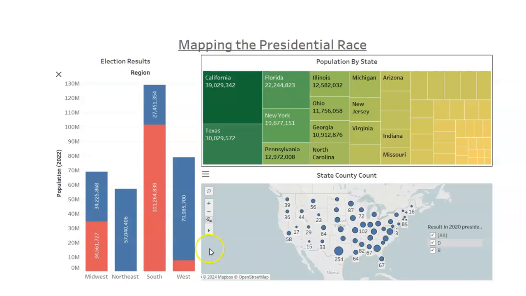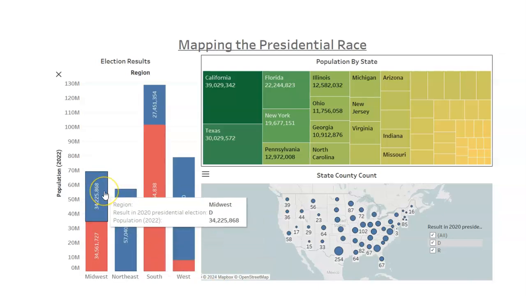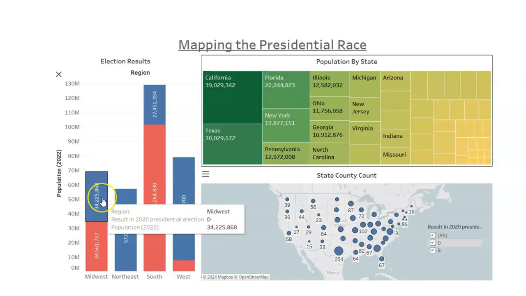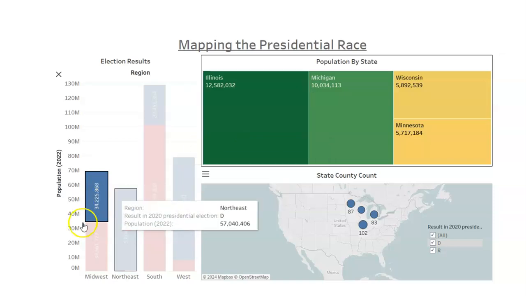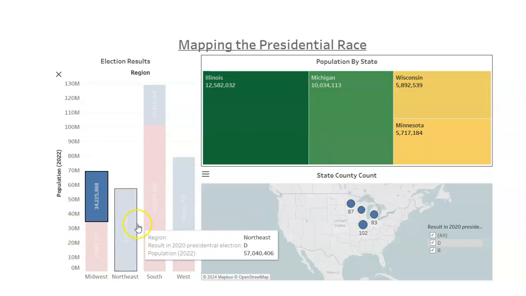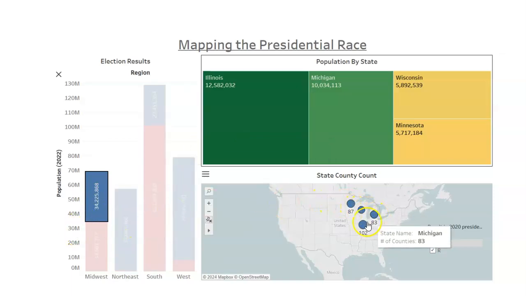Now we'll talk about some of our filters that we have. If we take a look at our first bar chart, if we were to click on the Midwest, we'll click on Midwest for Democrats, and we can see the 4 states that Democrats have.